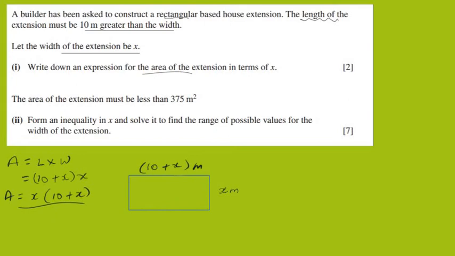Part 2 now. In part 2, we see the area of the extension must be less than 375. So we're looking for the area to be less than 375.